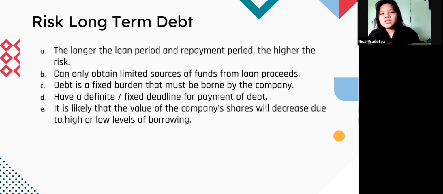The third is debt is a fixed burden that must be borne by the company. The fourth is having a definite or fixed deadline for payment of debt. And the last is it is likely that the value of the company's shares will decrease due to high or low levels of borrowing.